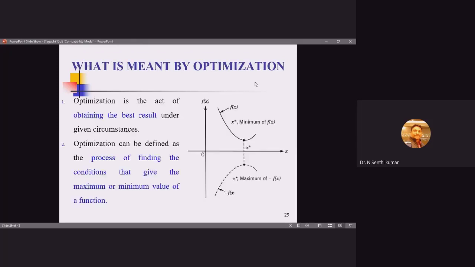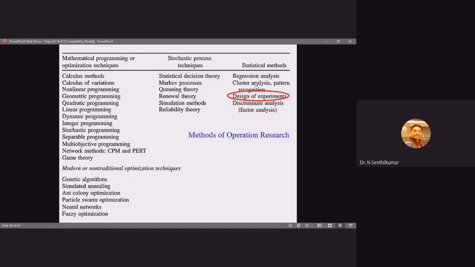So the optimization I was previously telling about is obtaining the best result under the available resources. As I told, there are many methods of optimization, and all will be under operations research, right? Here we have the calculus, the mathematical optimization techniques. That is traditional optimization techniques: calculus, non-linear programming, geometrical programming, quadratic programming, linear programming.